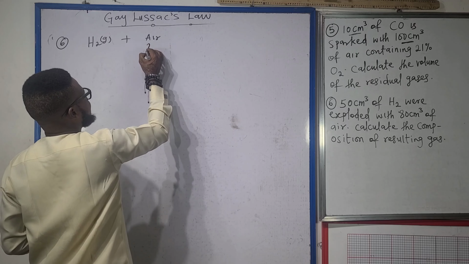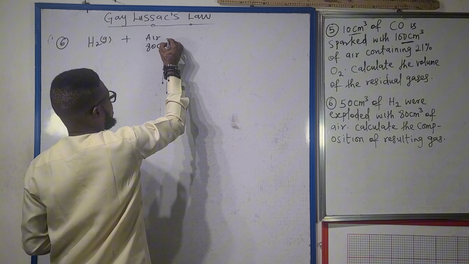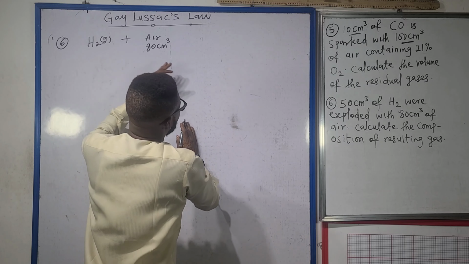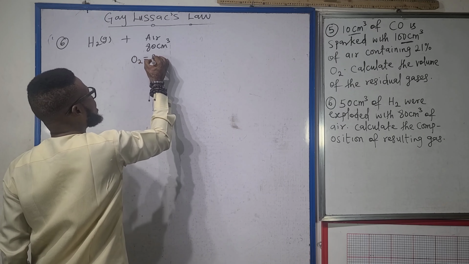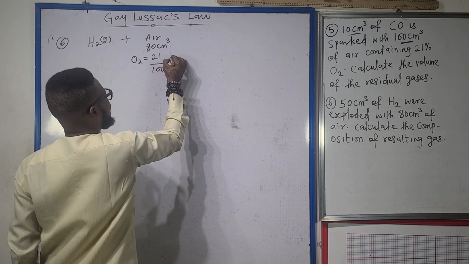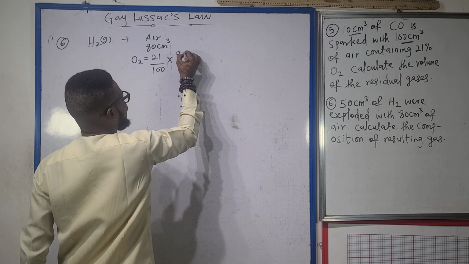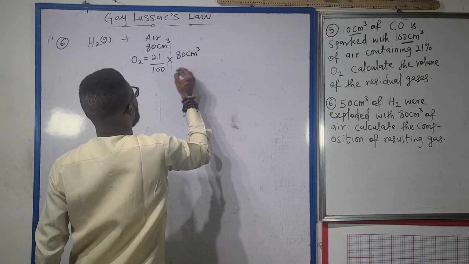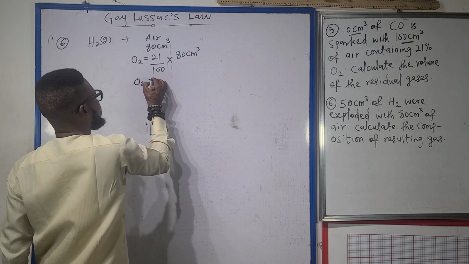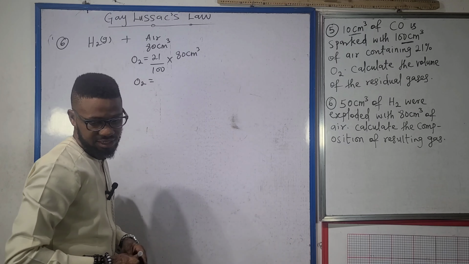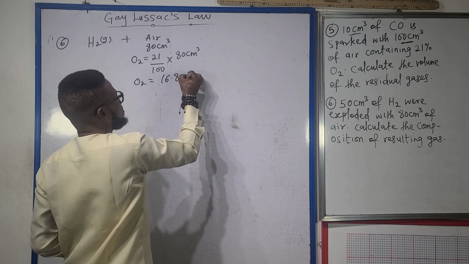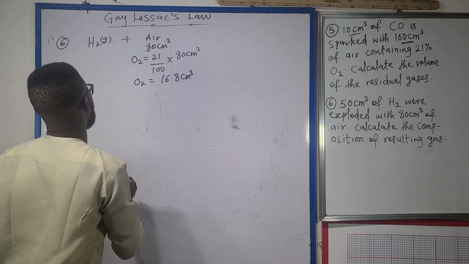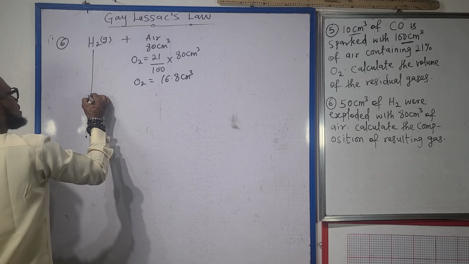Without being told, oxygen is 21% of air. So that's 21% of 80 cm cube, so the volume of oxygen going into the reaction here is 16.8 cm cube.